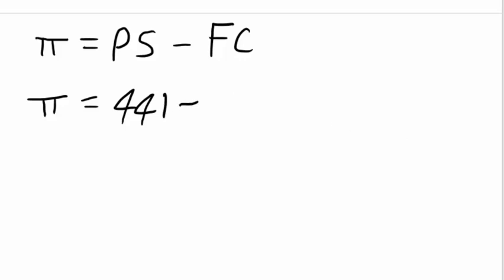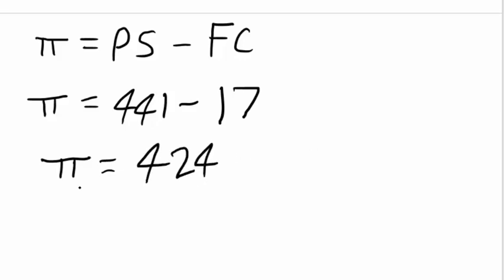And then if we were to look back at our total cost function, it was 4Q plus 17. And since 17 does not have any Q's attached to it, we can assume that's our fixed cost because it doesn't change no matter how many units we produce. So our fixed cost is 17. And so our profit is 424. And we can denote this by profit of price discrimination.